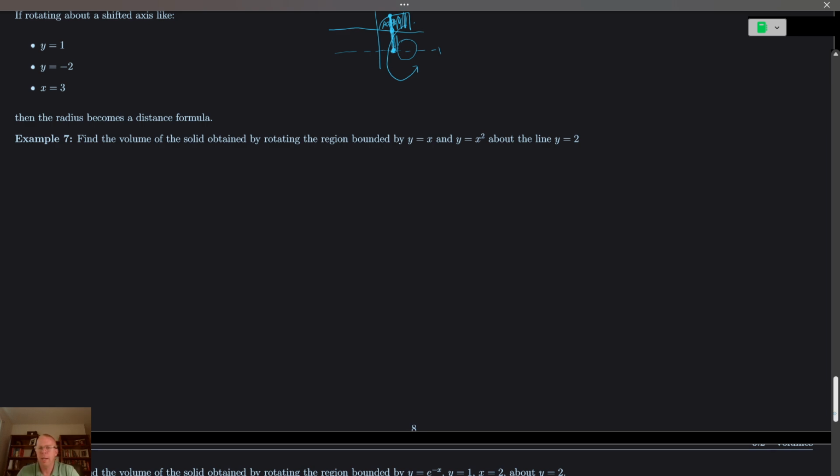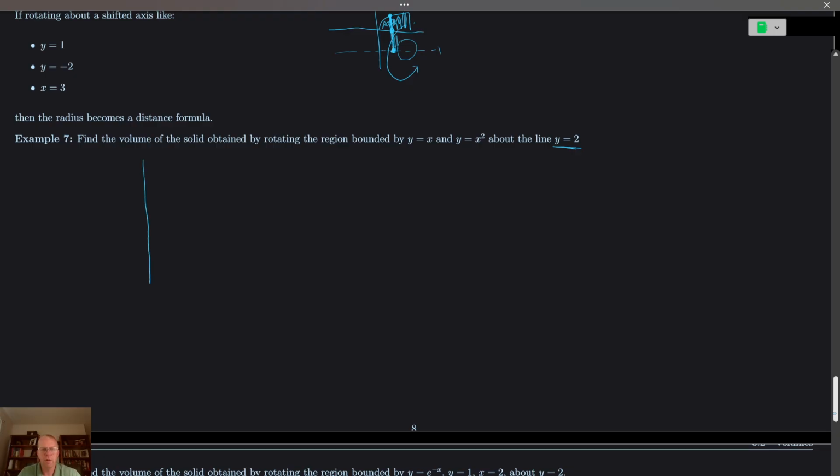Now, you see this and you think, okay, I need things in terms of y, but that's not correct, because y equals 2 is a horizontal line that's parallel with the x-axis. So you still need things in terms of x. So when it's y equals some number, you still need things in terms of x, and you can remember this because your cross section will still be perpendicular to whatever you're looking at.